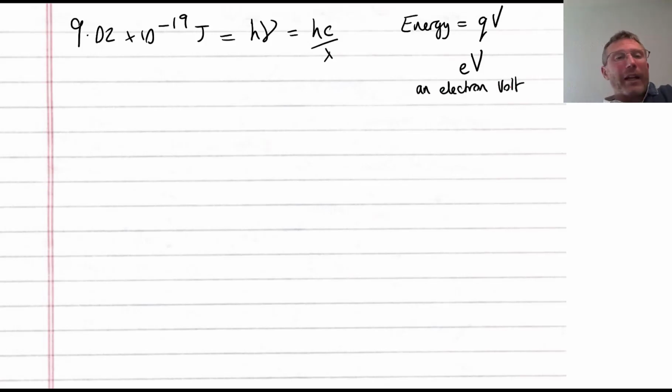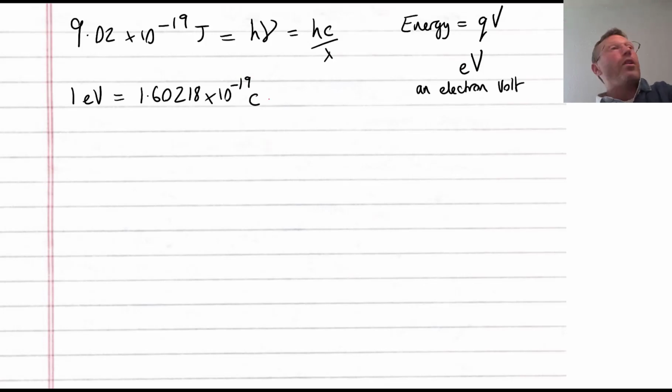And 1 electron volt is equal to that fundamental charge, 1.60218 times 10 to the negative 19 coulombs, multiplied by 1 volt, which is equal to 1.60218 times 10 to the negative 19 joules.